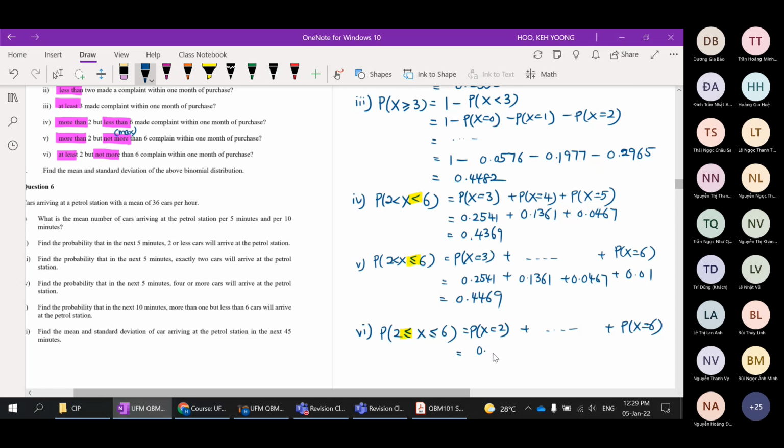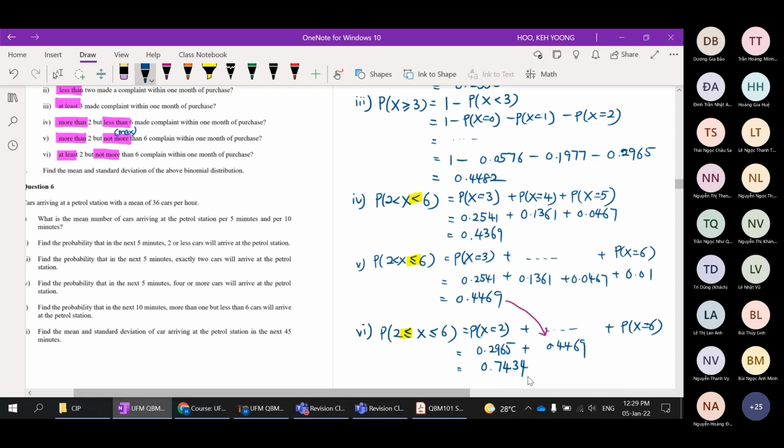So probably x equals 2 is 0.2965. I will add up the answer from question 5, because this probability is 3, 4, 5, and 6. If you can make use of the answers from the previous questions, you just copy down, like what I did here, instead of writing the same values again. Okay, these are the answers.